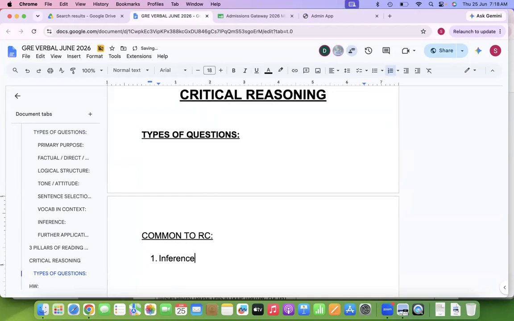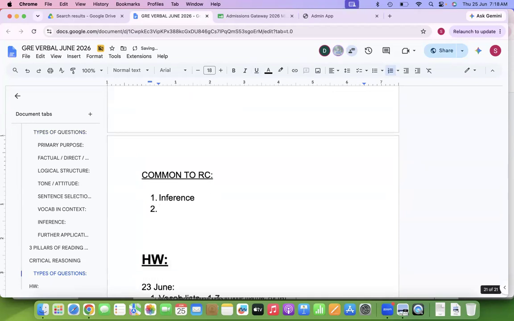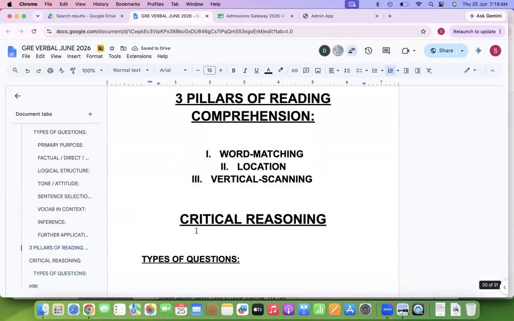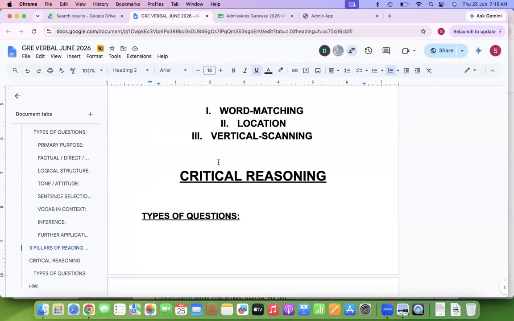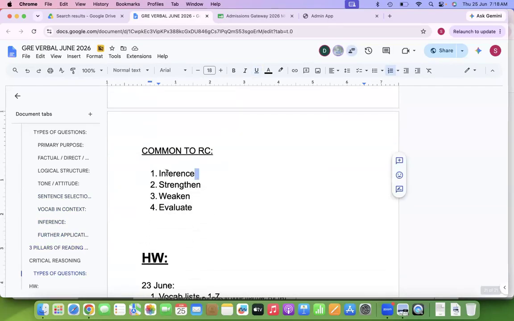Inference is common. You'd get that on CR, you'd get that on RC. Strengthen the argument, weaken the argument, evaluate the argument. These can occur on both. So I am not going to do strengthen, weaken, evaluate as part of RC. When we think of strengthen, weaken, evaluation, we'll say, hey, they just come under inference. We'll bucket it here. But directly, this is the overlap.